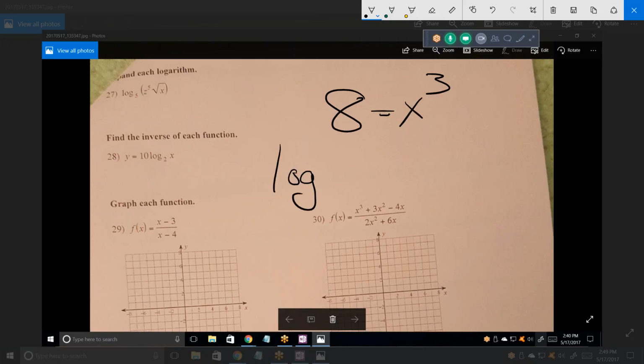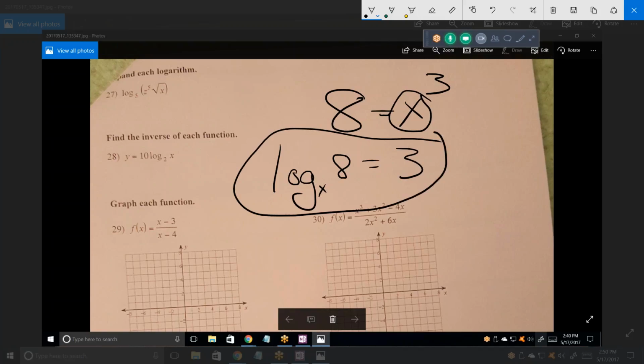No. Remember that logs are, this is always the base. So it'd be log base x of 8 equals 3. And if I wanted to put this back in exponential format, it's the number on the far left raised to the power on the far right equals the number in the middle. And I would know that x has to be 2.